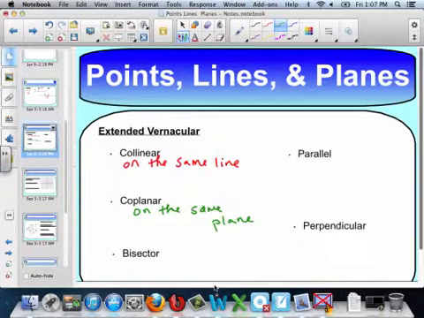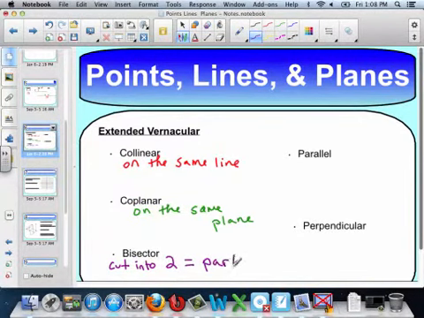A bisector cuts things into two equal parts. So if I have an angle bisector, that's going to cut my angle in half. If I have a segment bisector, it cuts my segment in half.